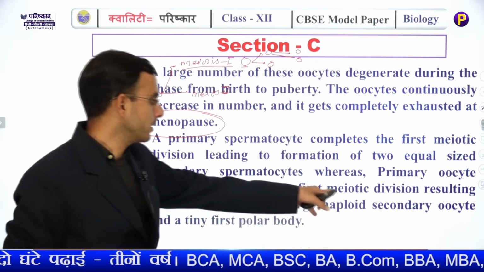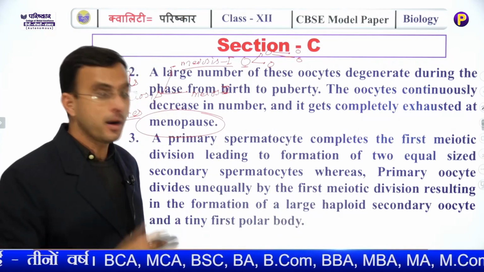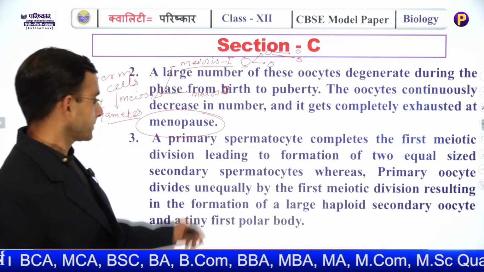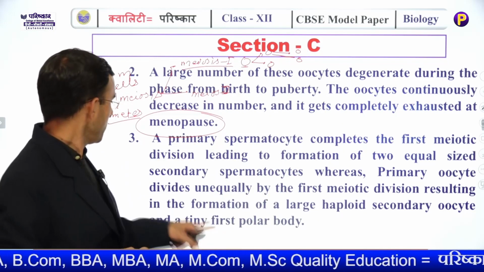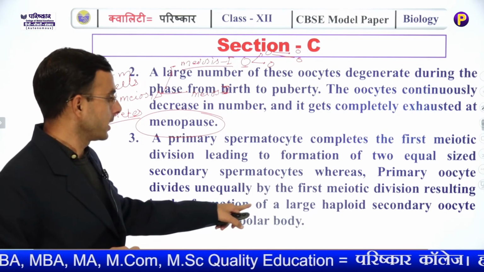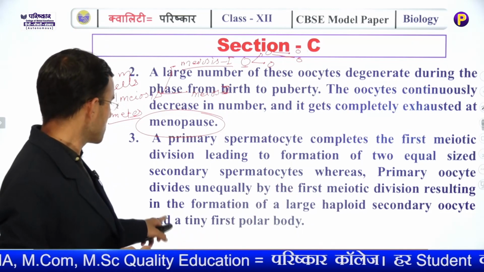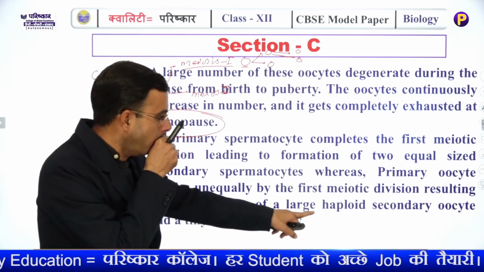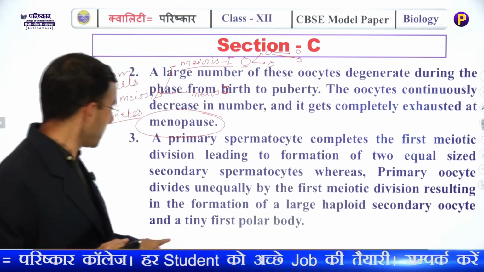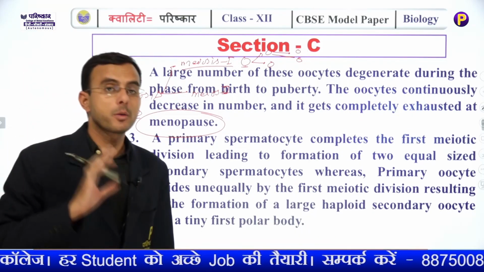So there is unequal division during the formation of oocytes. The primary oocyte divides unequally by the first meiotic division, resulting in a large haploid secondary oocyte and a tiny polar body.